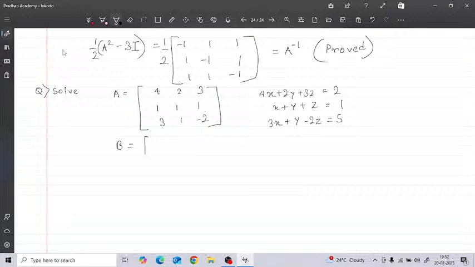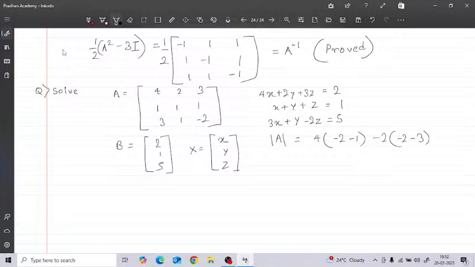Write B matrix 2 1 5, my X matrix x y z. Okay, now first calculate the determinant. I will get 4 minus 2 minus 1 minus 2, calculating minus 8, so that's non-zero. It means A inverse exists. So what is my A inverse?